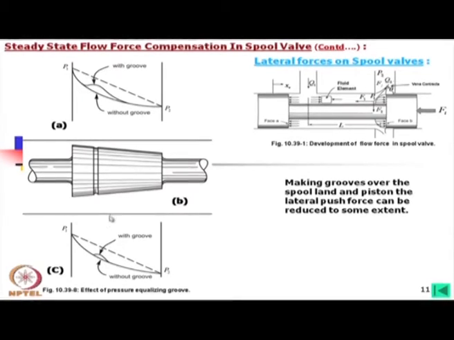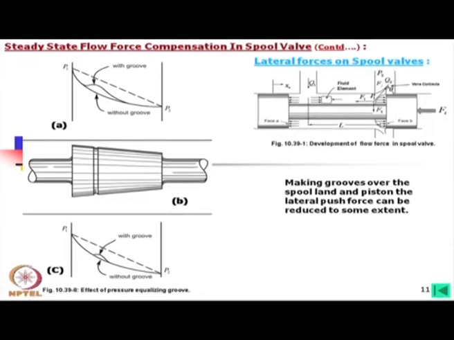But ultimately, if we now estimate at least at that portion the force is very less, that means totally the effect is that lateral force is reduced. So, this is the method of compensating the lateral force. That is why if you observe a spool, you will find on the spool there are grooves.